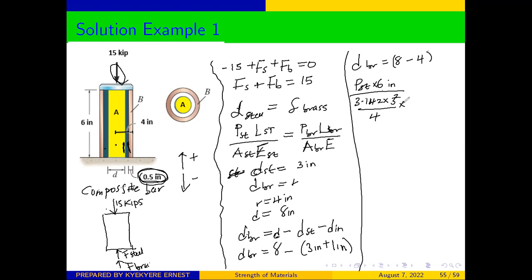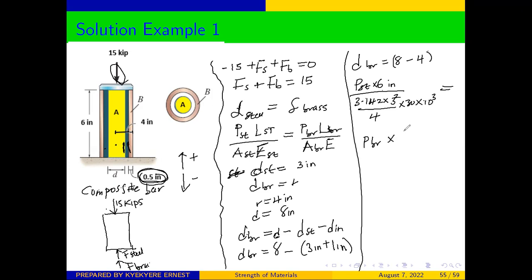The modulus of elasticity for this one is given as 30 times 10 to the power 3. This is equal to the deformation in the brass, which is P brass times the length.